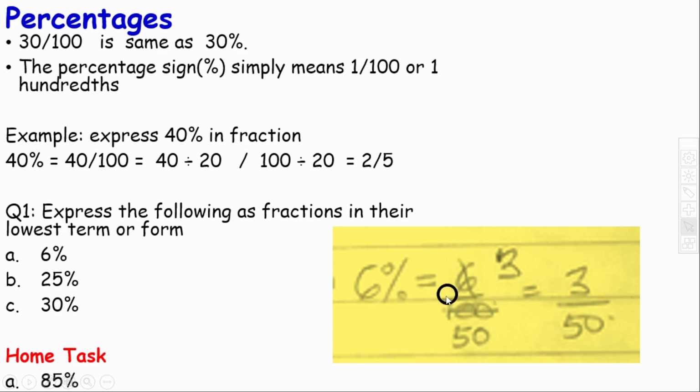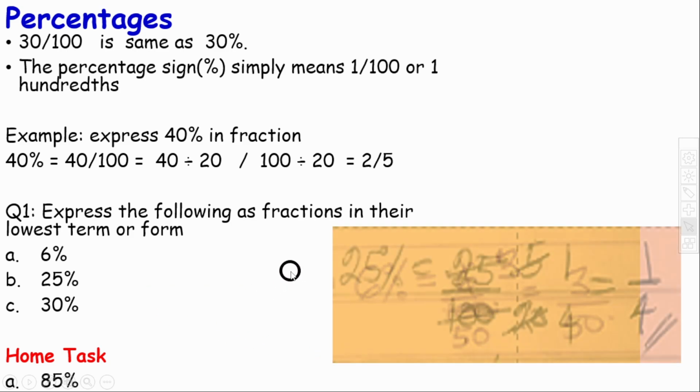Do you observe anything? Yes. The common factor is 2. So we divide both the numerator and the denominator by 2. 6 divided by 2 is 3. 100 divided by 2 is 50. So it is equals to 3 all over 50. This 3 over 50 is the lowest term of this fraction.